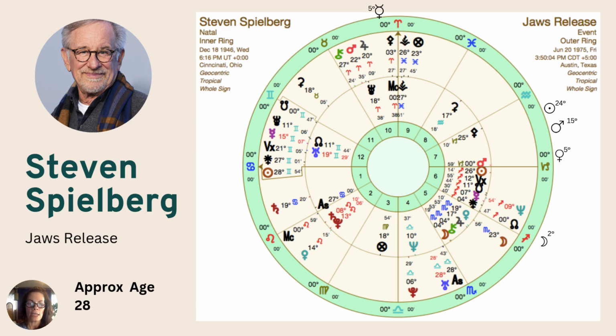And we can look up to this OP Mercury again in his 10th. And it's trining this Saturn Pluto in his natal chart second house. But it's actually a grand trine, we would say, because his OP Moon over here at 2 degrees is involved as well.